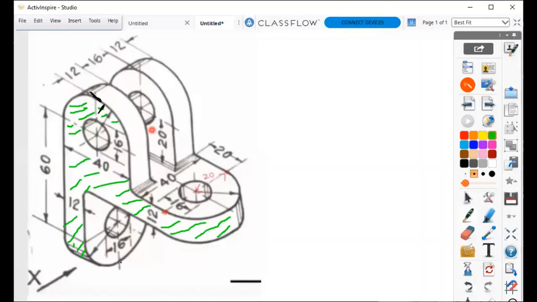Okay, so I've just shaded the front view. That's what we are having. So we'll go back to our drawing board and then use the dimensions to make our front elevation.